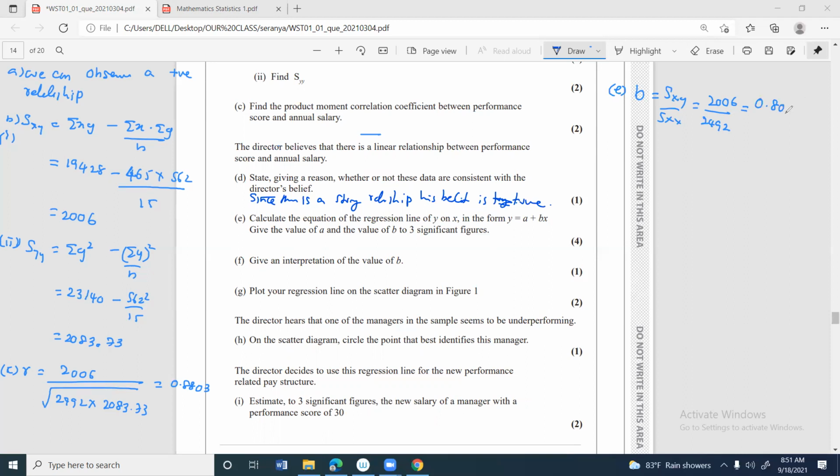So that gives you an answer of 0.805. Then you can get a equals y bar minus b x bar. Y bar means summation of y divided by 15, minus b, which is 0.805, into summation of x divided by 15.